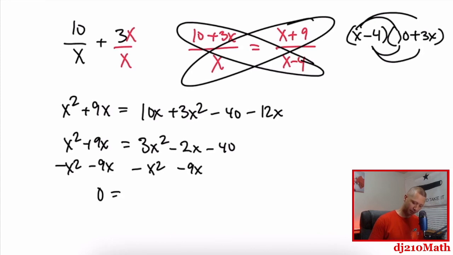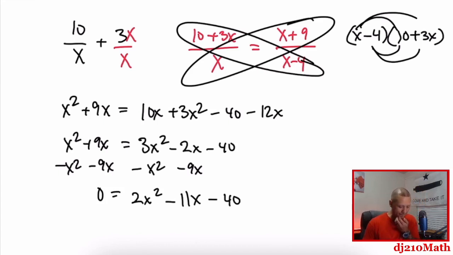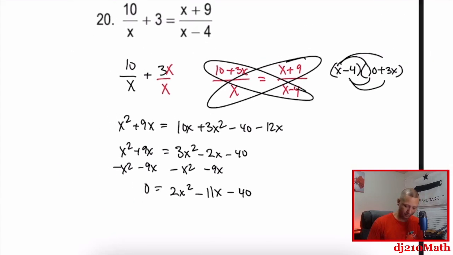This is going to be 2x squared minus 11x minus 40.